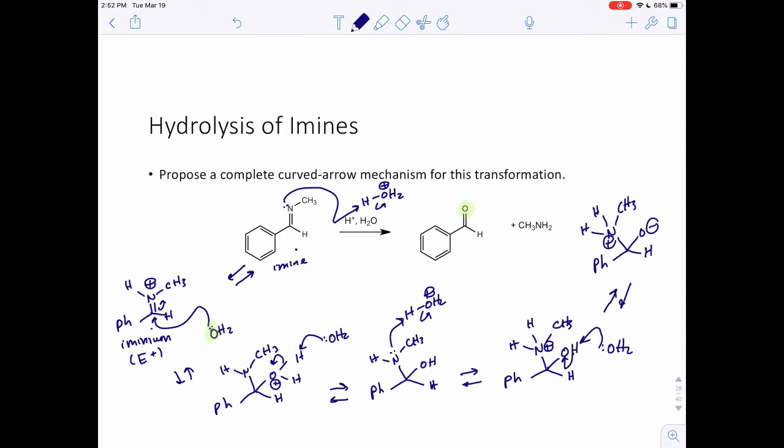Now you might say, okay, this is crazy. How can you deprotonate this alcohol with water? Well, understand that this is more acidic than you might expect because there is the positive charge in the molecule and because I'm telling you to do it. So those are your two reasons. All right, now from this intermediate, we're going to lone pair push off this good amine leaving group. Get the amine and you get the aldehyde.